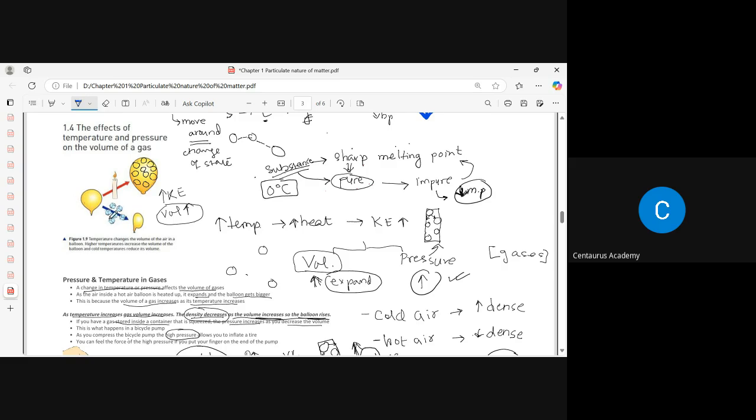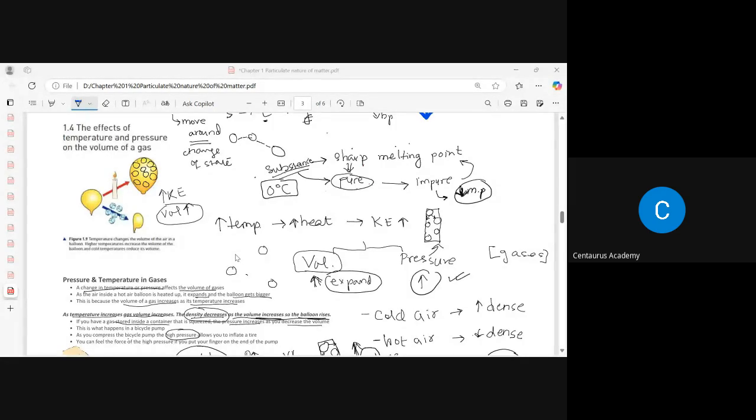When the balloon is heated up, it starts to expand, and as soon as the temperature is cooled down, the balloon is going to constrict, or its volume is going to decrease.